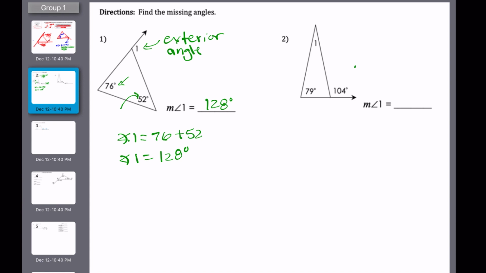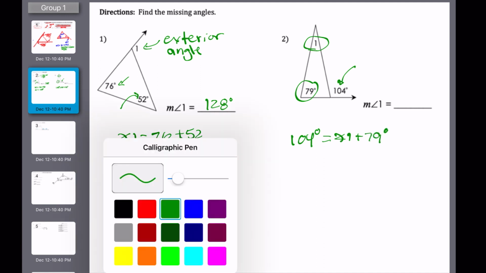When we look at example 2, we say, well, 104 is the exterior angle. So we'll say 104 degrees is equal to, and we want the two non-adjacent interior angles. So we have angle 1 plus 79 degrees. And we're saying, well, let's solve for angle 1.